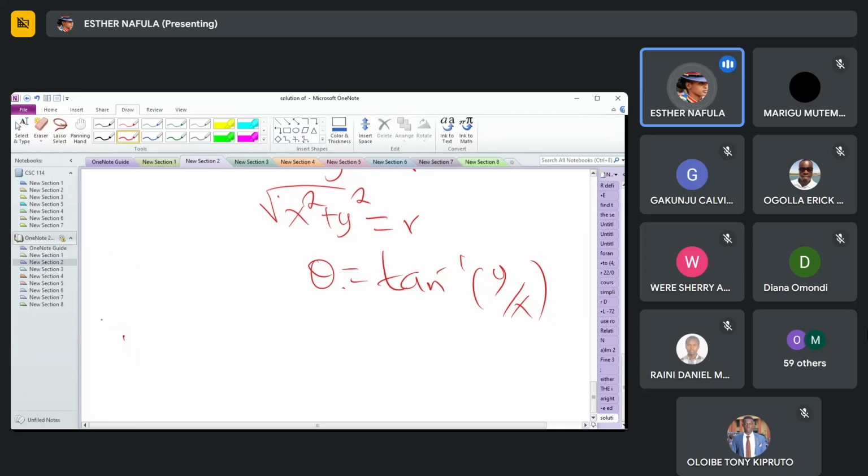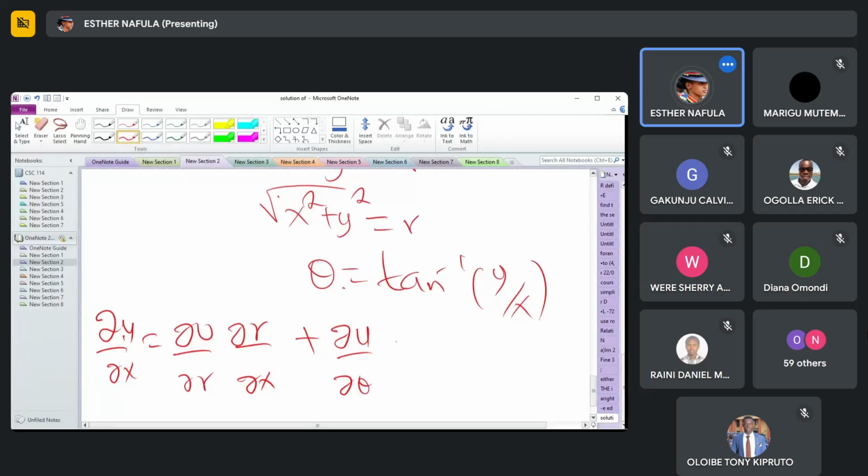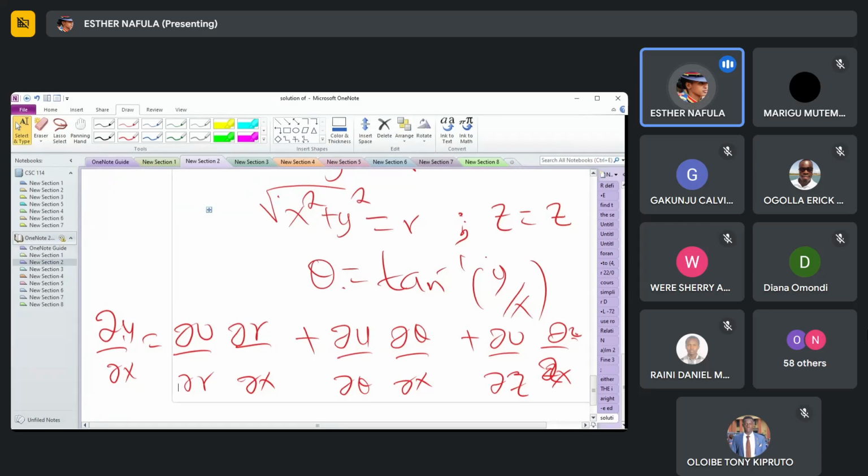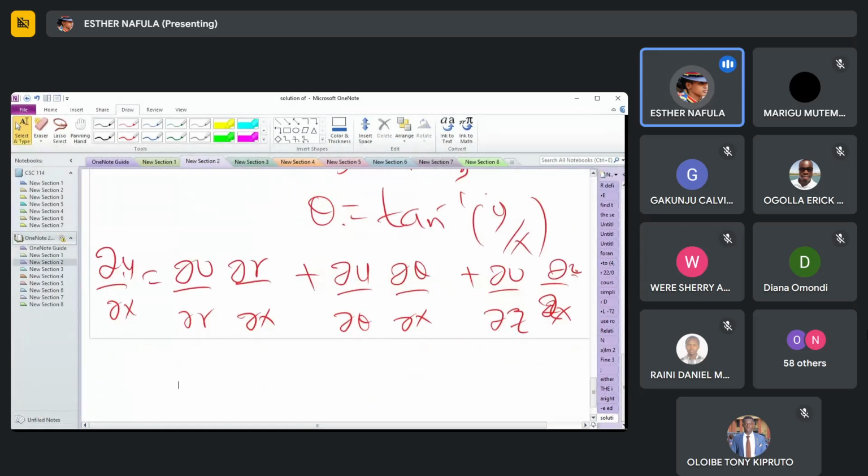So to get partial u partial x, it's partial u partial r partial r partial x plus partial u partial theta partial theta partial x plus partial u partial z partial z partial x. We also need to indicate that z is equal to itself. So we need partial r partial x, partial theta partial x, partial z partial x.